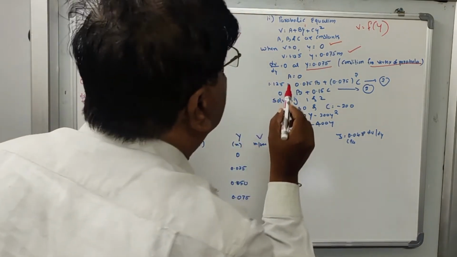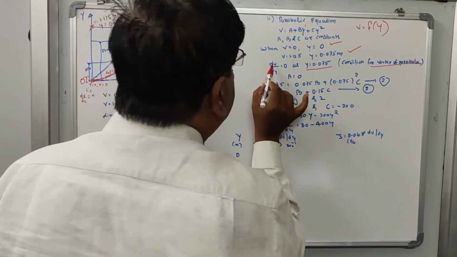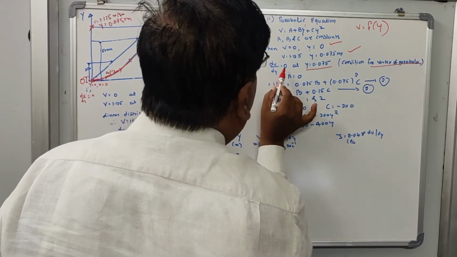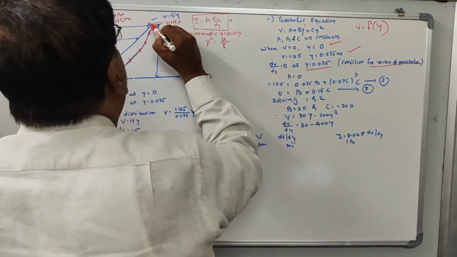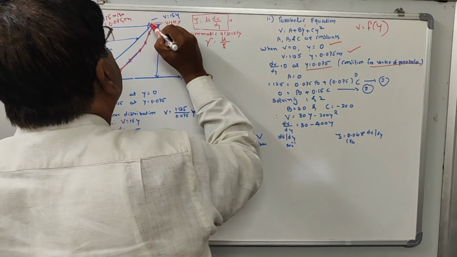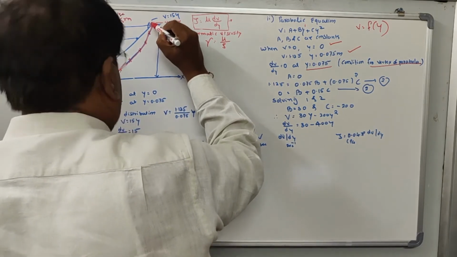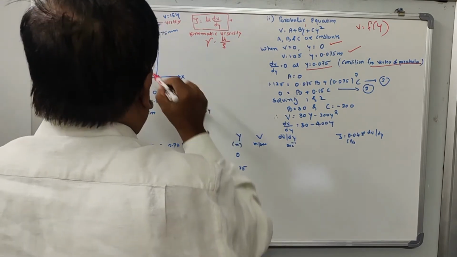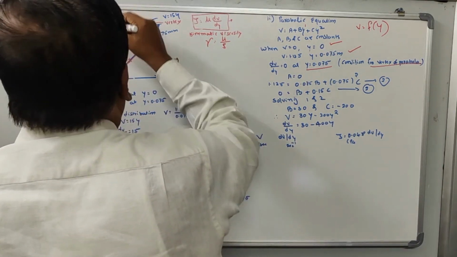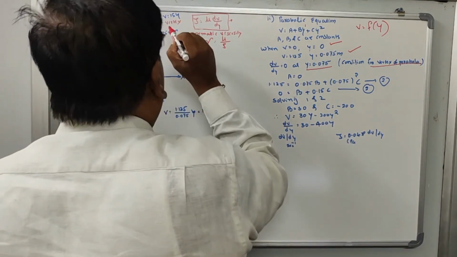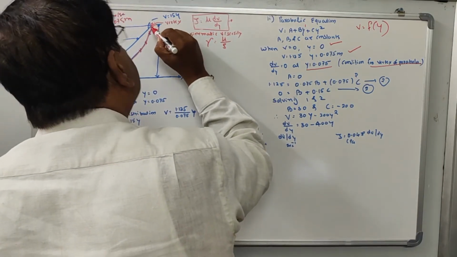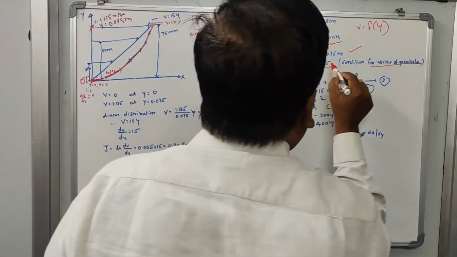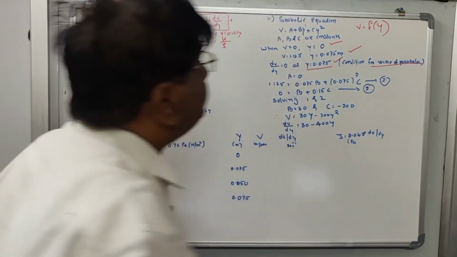So the third boundary condition is that the variation of velocity dv by dy is equal to 0 at this point. If it were linear, v would be 15y, that is 15 into 75 mm. But since it is a parabola and we are considering this as the vertex, this is my third condition.